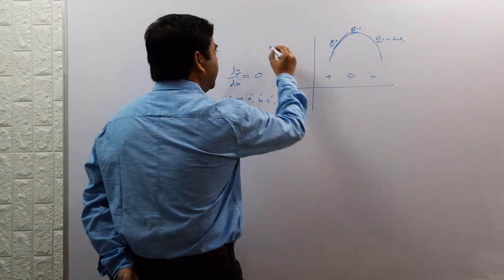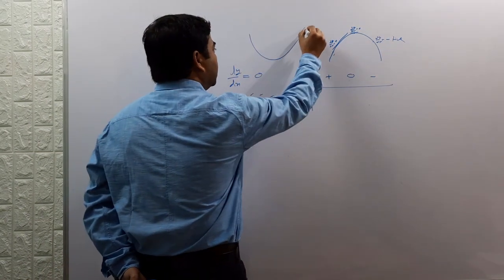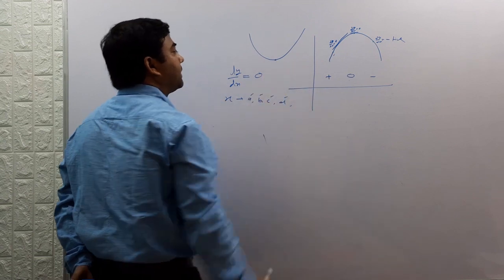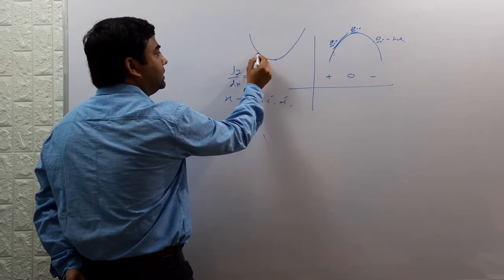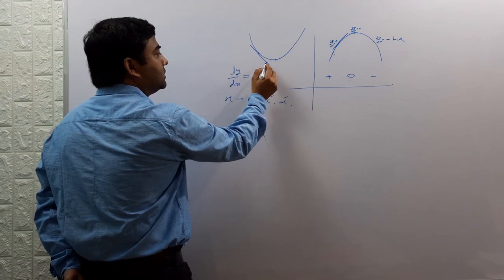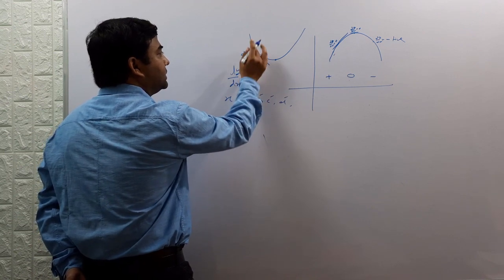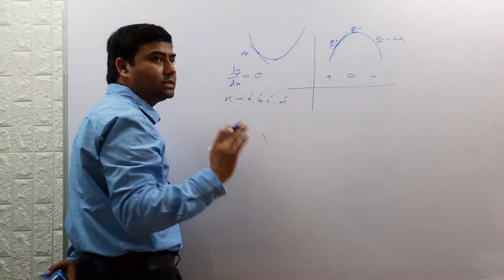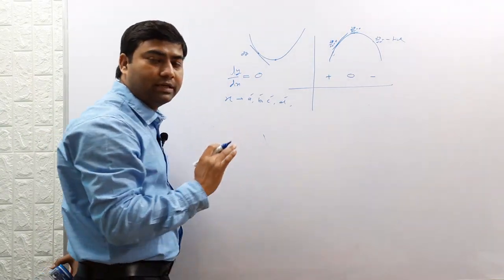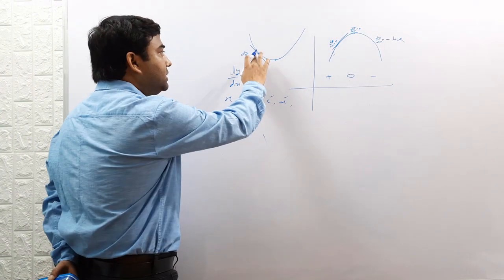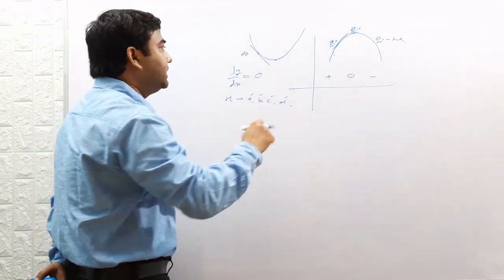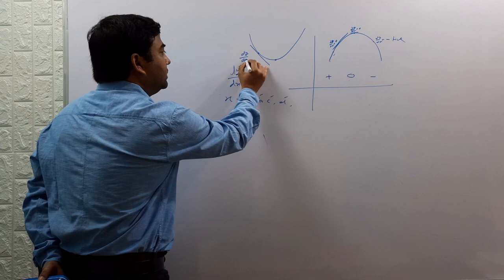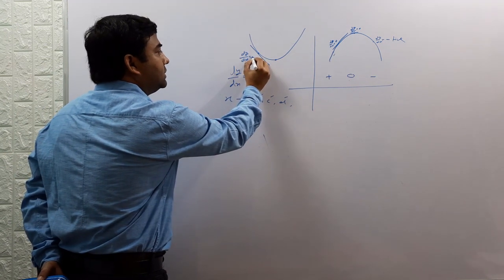Similarly, for a minima, suppose this is the minimum. On the left side, you see the tangent is negative. The function is decreasing, hence the gradient of the tangent will be negative, and the gradient of the tangent is nothing but dy over dx, which is negative.